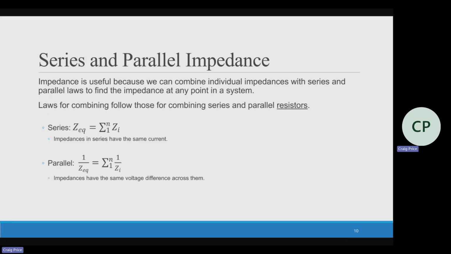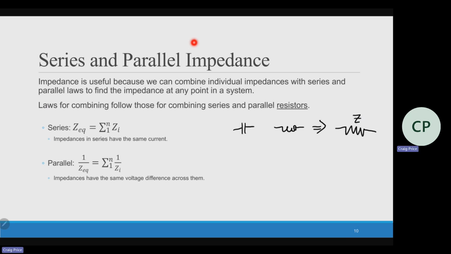Okay, why is it useful? Well, we can combine individual impedances with series and parallel laws to find the impedance at any point in the system. So I can combine them just like I combine resistors. So instead of having capacitor, instead of having inductor, those are all going to change to having impedance.